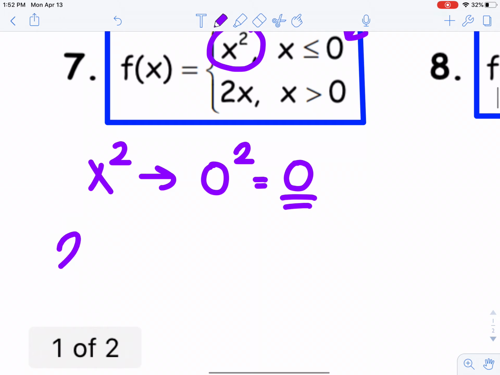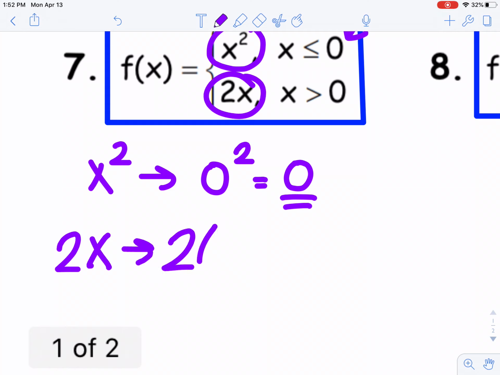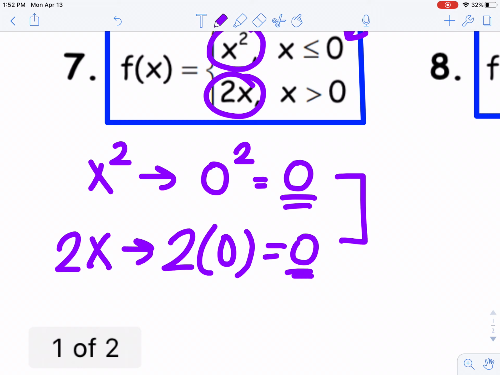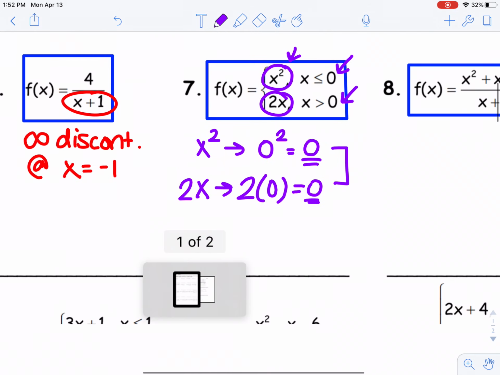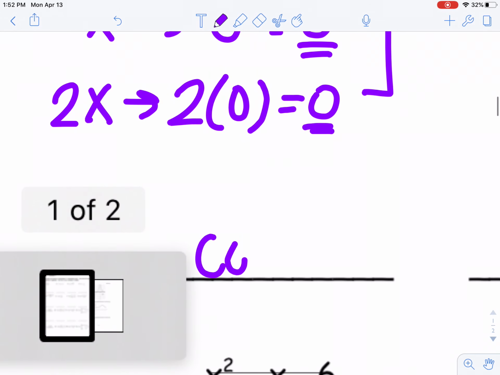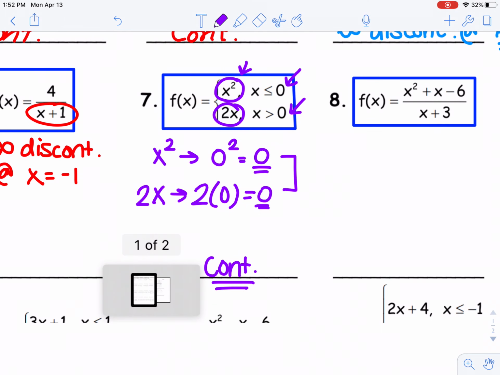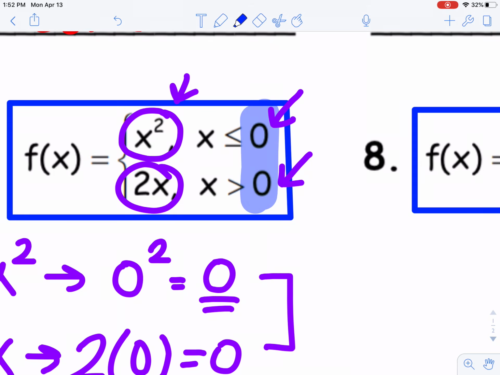Next, I'm going to do the same thing with the second equation. The second equation is 2x, plug in 0, so 2 times 0 is 0. If these two numbers that we get after plugging in the inequality number are the same, it's continuous. So this one's continuous. If they are two different numbers, then there is a jump discontinuity at this x value.